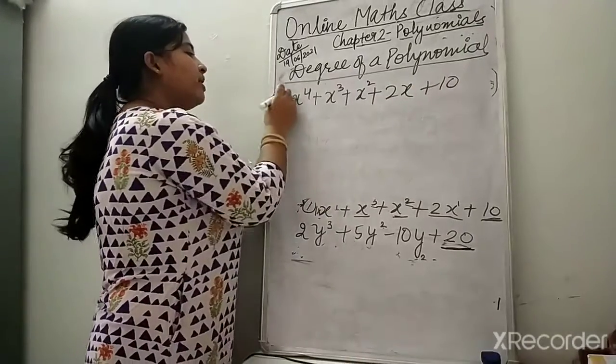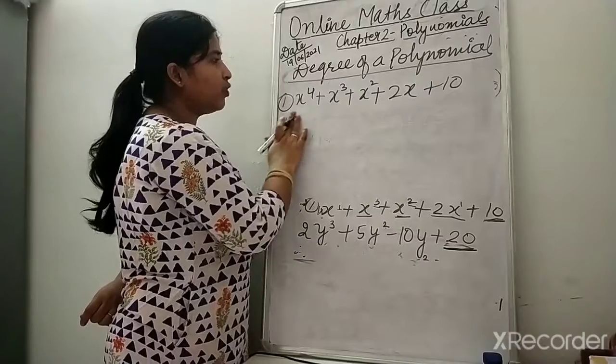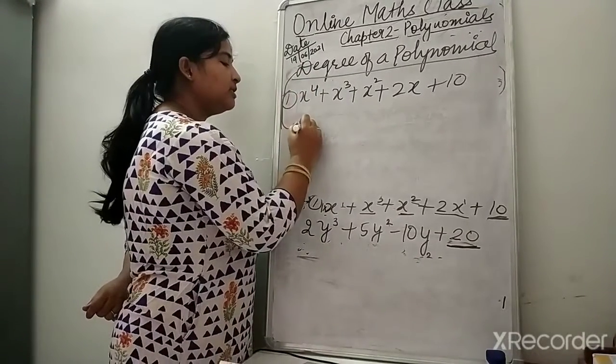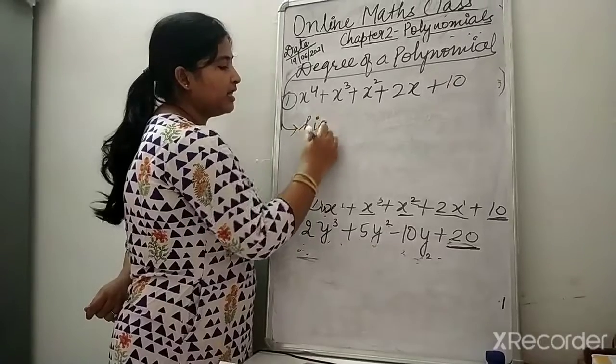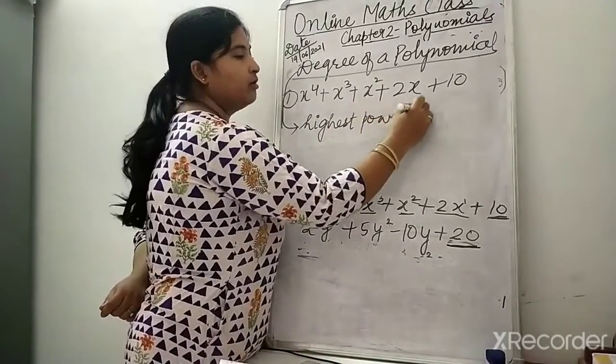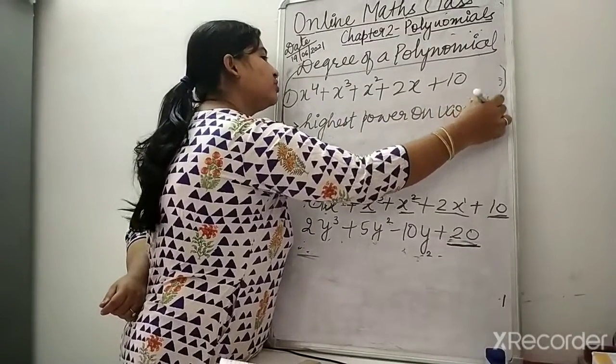Here you have to see what the highest degree is. First of all, you should know the meaning: degree means the highest power on the variable. So first you have to check the powers on the variable.